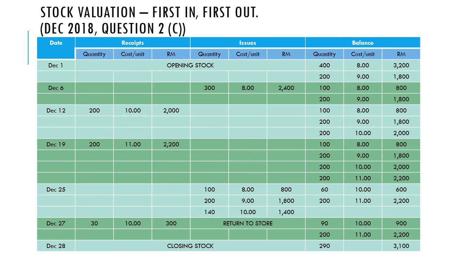And on December 19, the storekeeper further made a purchase of 200 kg of wheat starch at 11 ringgit per kilogram. Again, you can add on the stock: old stock, newer stock, newer stock, newer stock here. You see here?